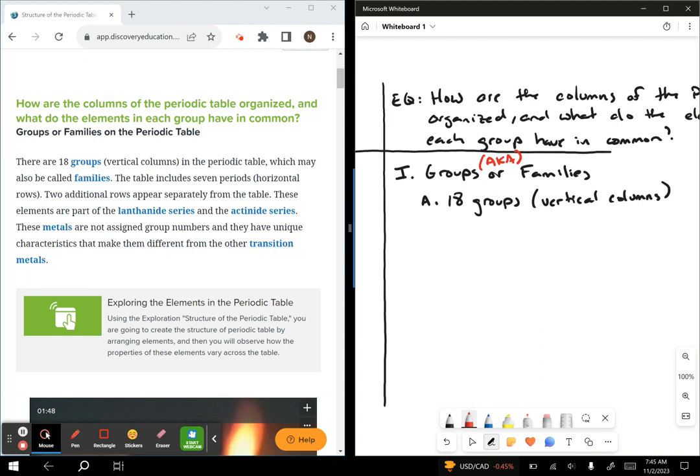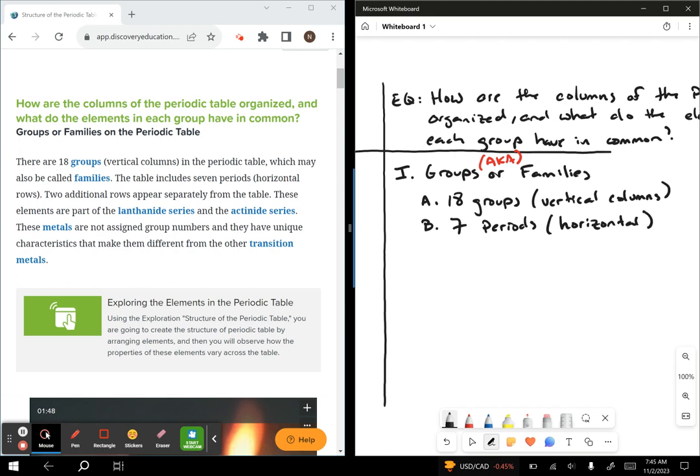You also have your horizontal rows, which are your periods. Okay, so let's just write that down as well. B, you have 7 periods. They are horizontal.